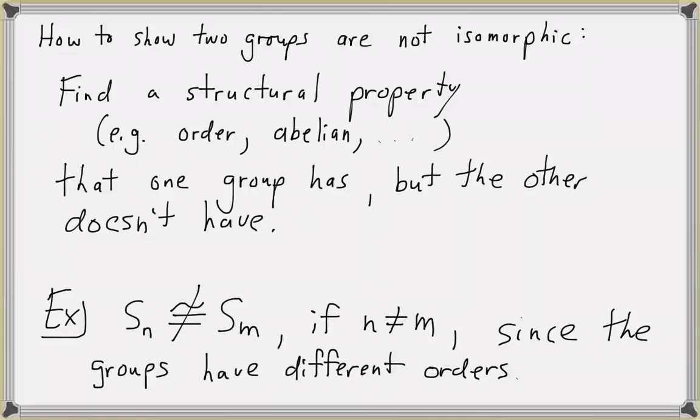Now we'll give another example of this type of situation where one group has a structural property that the other group doesn't, and we can conclude that the two groups are not isomorphic. So let's consider the dihedral group D8. So this group consists of 8 elements that are the symmetries of a square. So they have 4 rotations and 4 reflections.